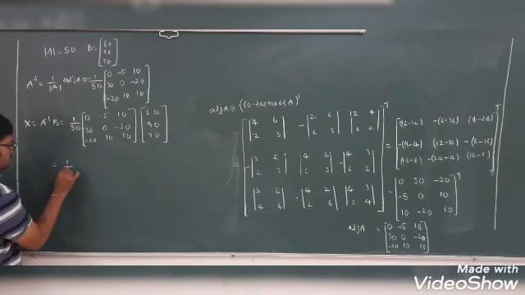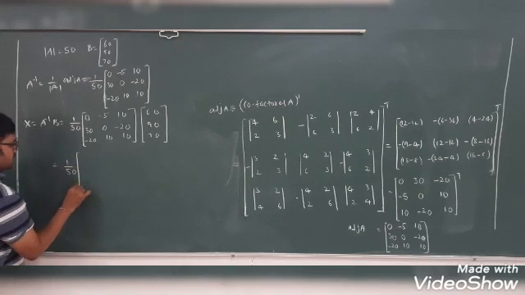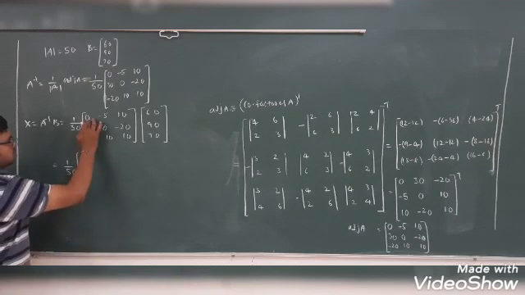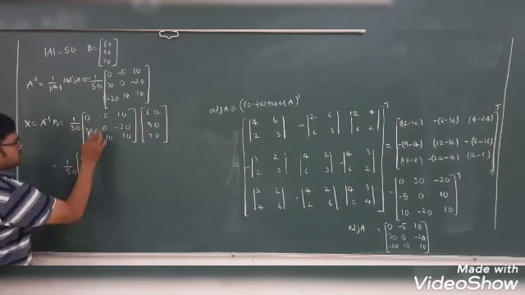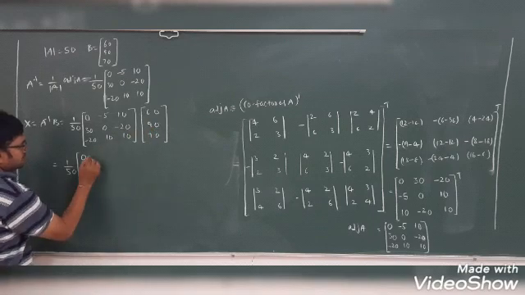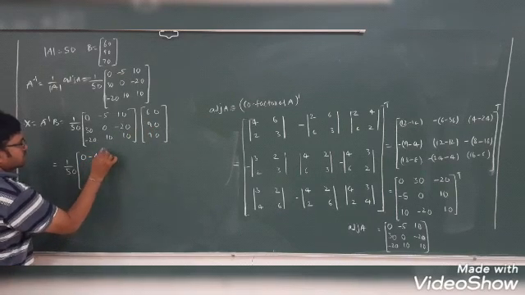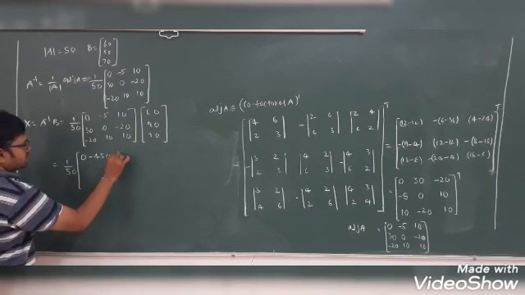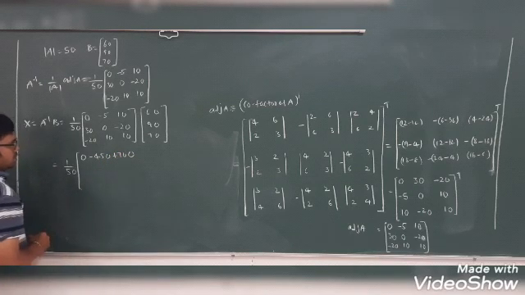Now 1 by 50 into, multiply 0 into 60, 0; minus 5 into 90, minus 450; plus 10 into 70, plus 700.